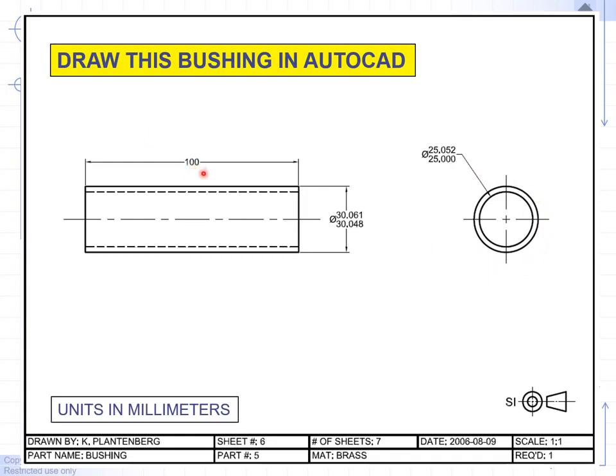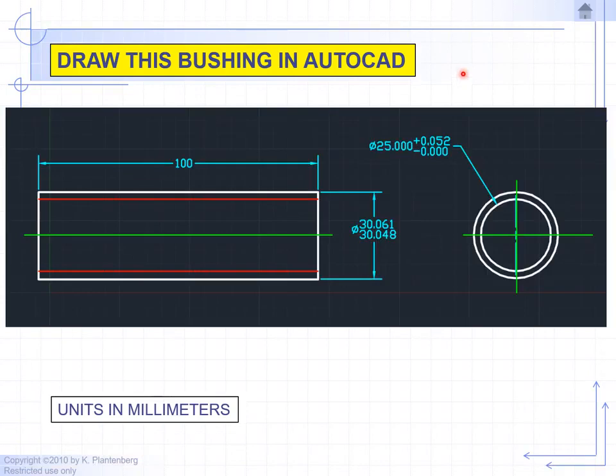And then we have the overall length. Take a look at the video and I'll walk you through step by step how to create this in AutoCAD from scratch. This is just a preview of what we're going to be drawing in AutoCAD, and I'll walk you through this step by step, including how to add our tolerances.